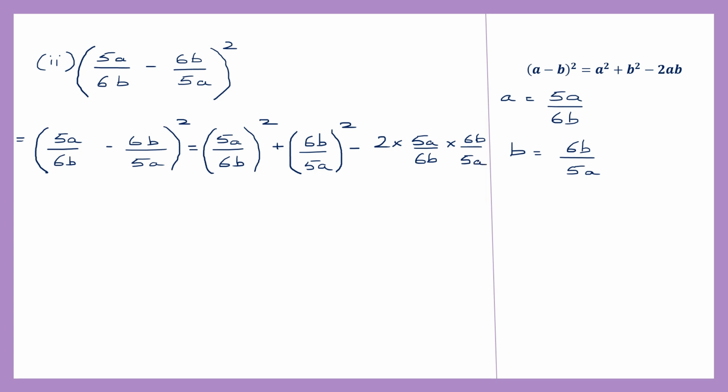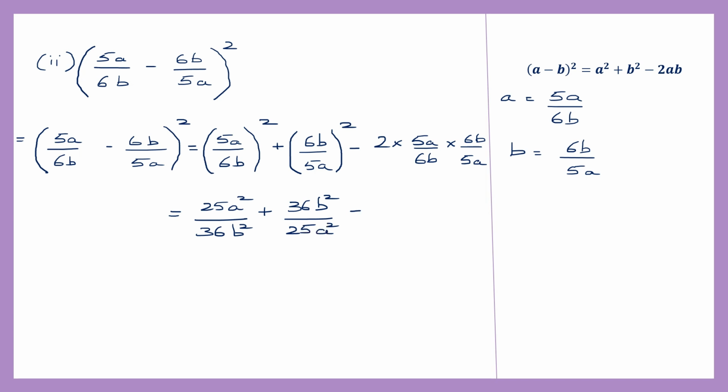So now let's simplify this. Now 5a by 6b the whole square means 5a square and 6b square, each one separately. So 5a square will be 5 into 5, that is 25, and a square, and in the denominator 6 into 6 is 36, and this is b square. Similarly here 6b square means 6 into 6, that is 36, and b square, and in the denominator 5 into 5 is 25, and a square.